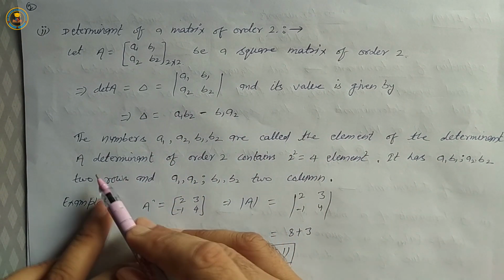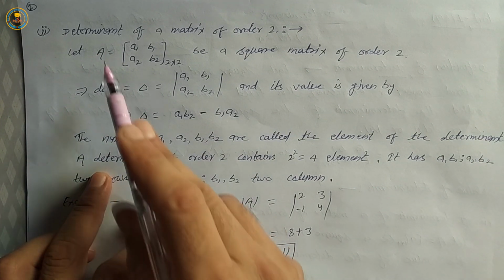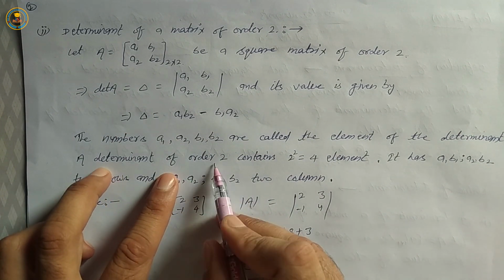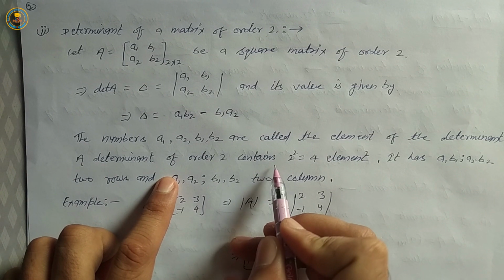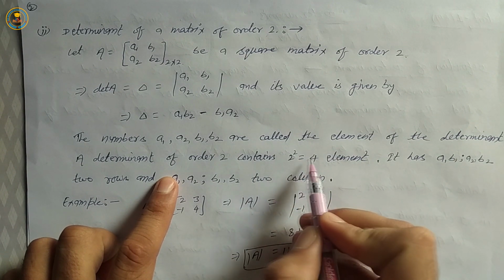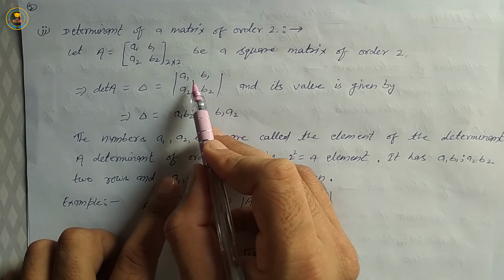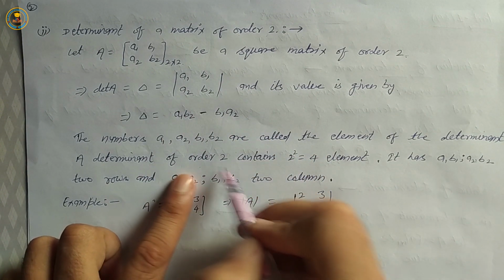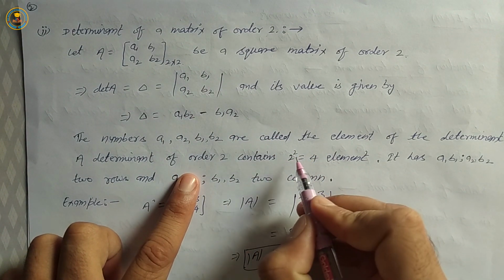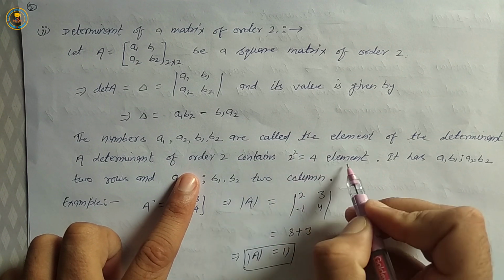A determinant of order 2 contains 2 to the power 2, which is 4 elements: 1, 2, 3, 4 elements.